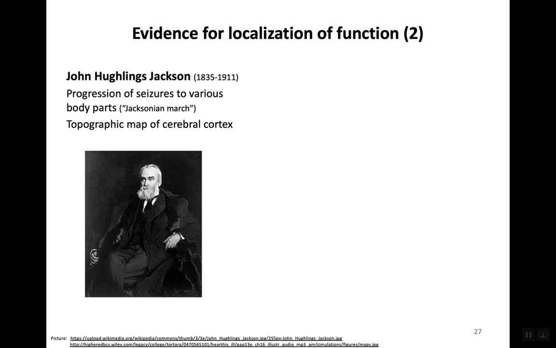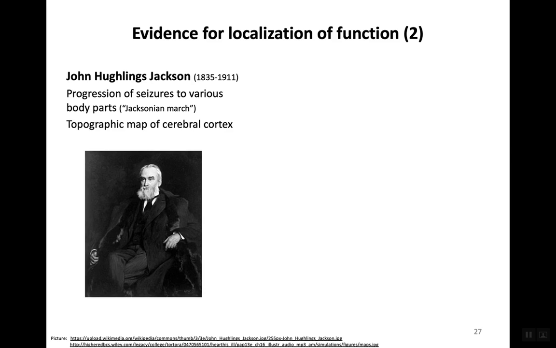What Jackson noted was that when seizures happen and are related to dysfunctions of the motor cortex, there is a certain progression to how our body reacts. Typically, seizures in the motor cortex have as a very visible impact tremor or uncontrollable shaking of different body parts.